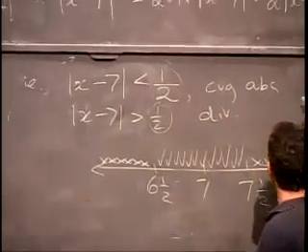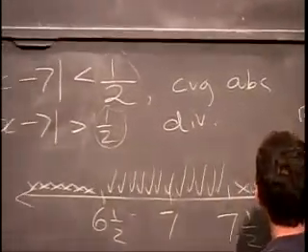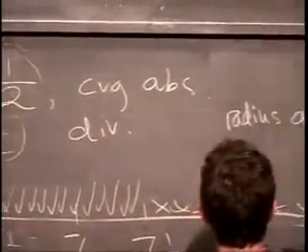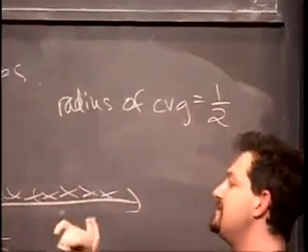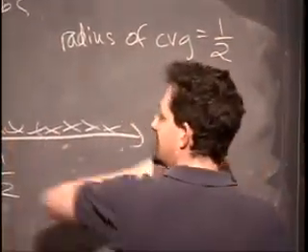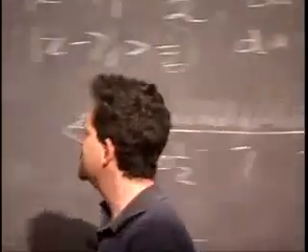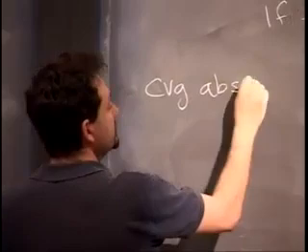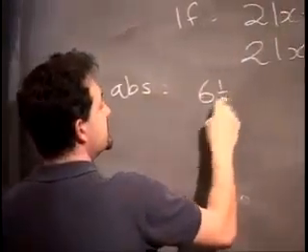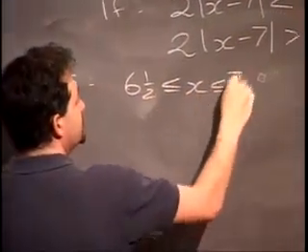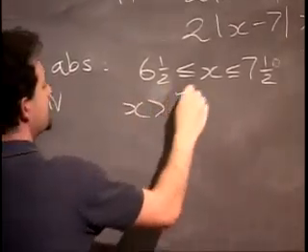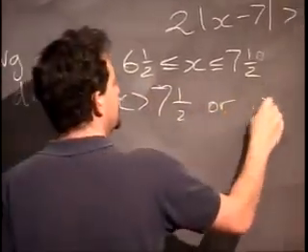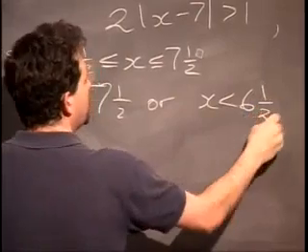So the radius of convergence is 1/2, and we know that the series diverges to the right of 7.5 or to the left of 6.5, and converges absolutely in between. It converges absolutely for 6.5 less than x less than 7.5, and diverges for x greater than 7.5 or x less than 6.5.